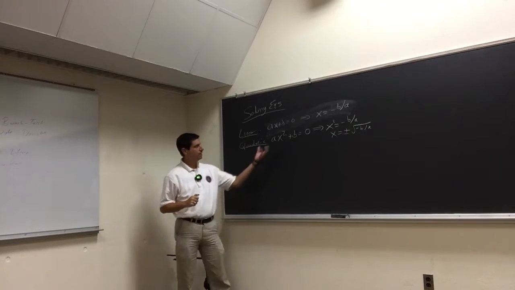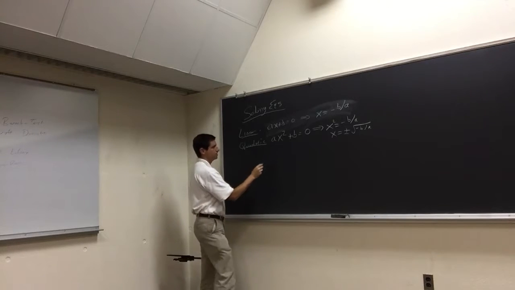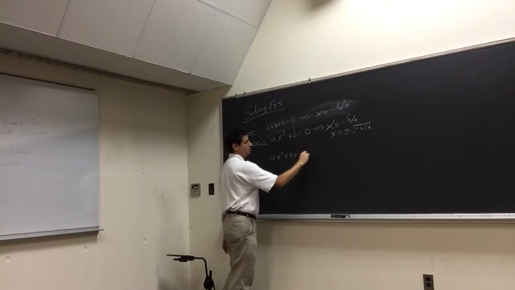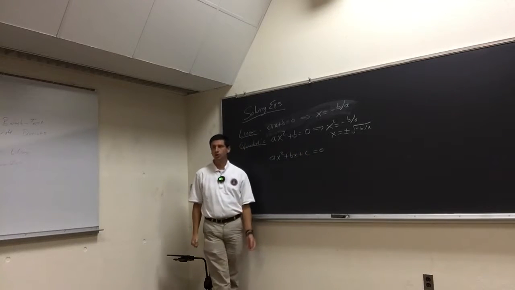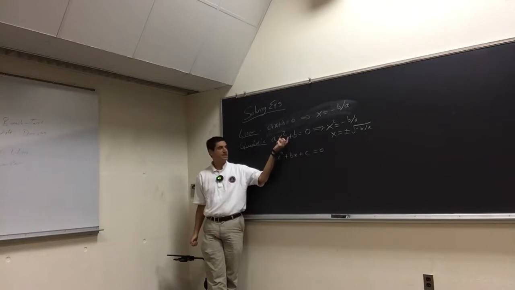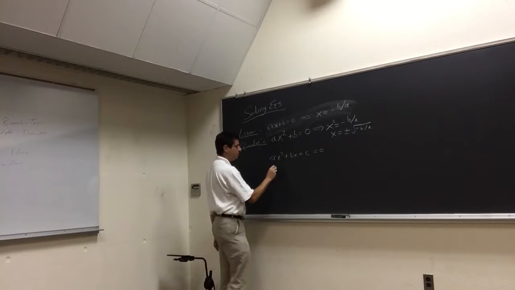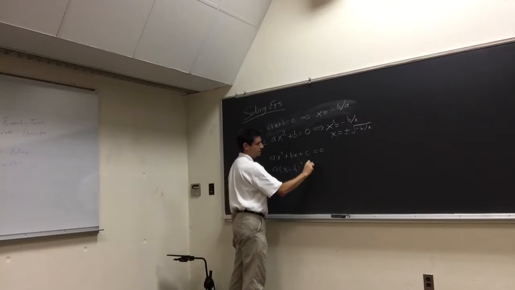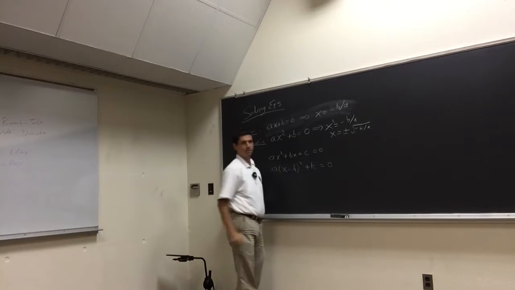All right, so now that we have this, the more general case is ax squared plus bx plus c equals 0. This kind of quadratic is not hard to solve at all. So the goal is, how can we write the general one like this? Well, we want to write this as maybe a(x minus h) squared plus k equals 0.